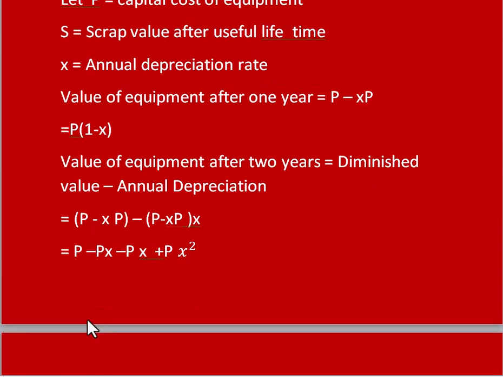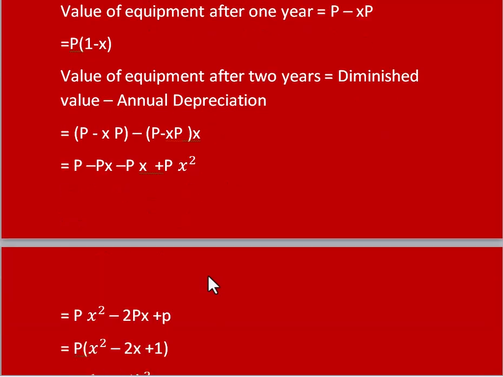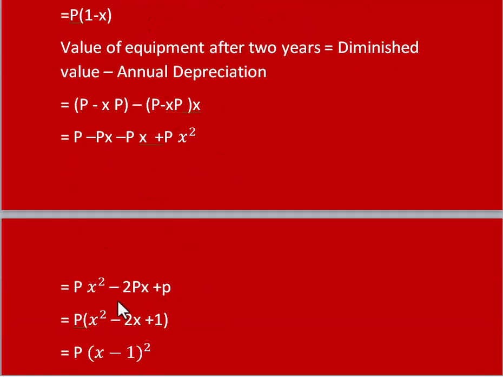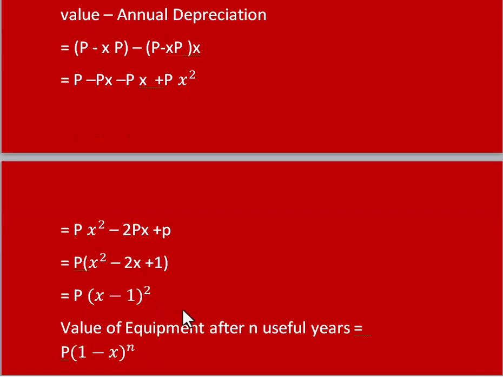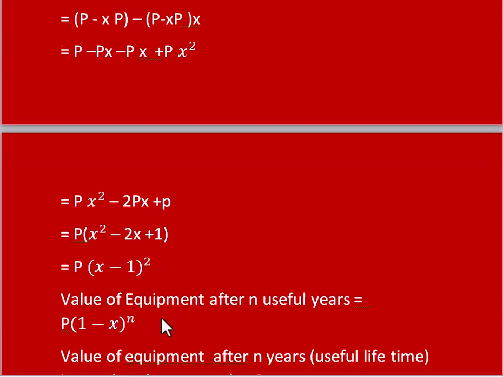So after simplification, we get P minus Px minus Px plus Px square. After taking these two together and rewriting this equation, we get Px square minus 2Px plus P. Then the common term is P, that is x square minus 2x plus 1.